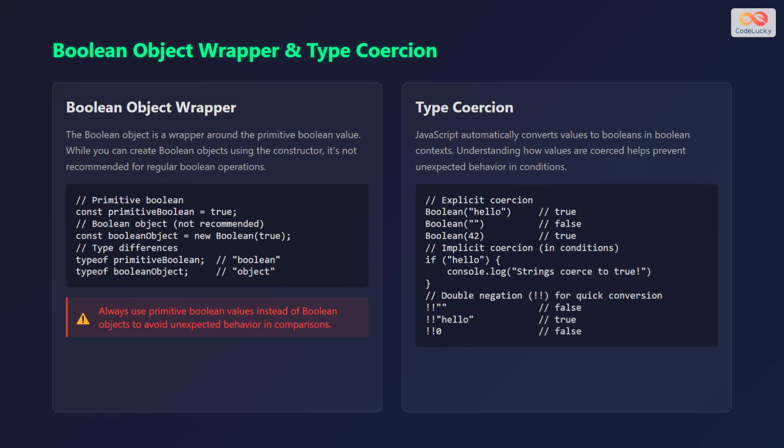For example, 2 exclamation marks followed by an empty string will be converted to the Boolean false, and 2 exclamation marks followed by a string like hello will be converted to the Boolean true. Understanding these conversion rules is very important to prevent unexpected behavior in your program. Always prefer primitive Boolean values instead of Boolean objects.